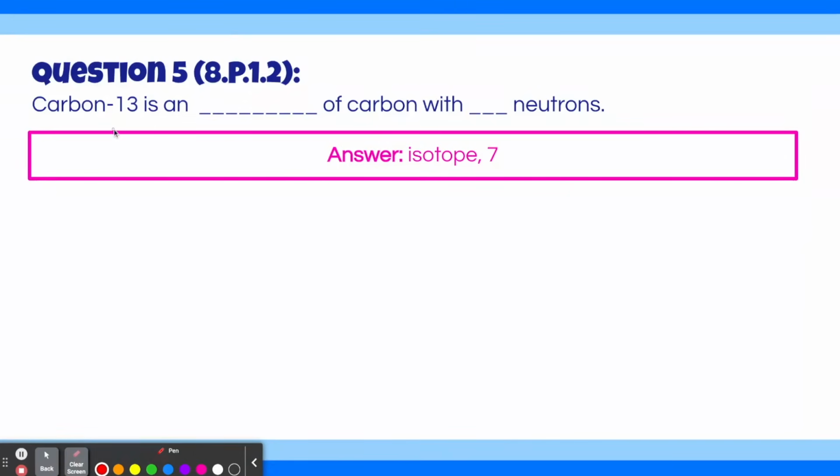So the first thing we have to do is ask, what is an isotope? Isotopes are when two atoms have the same number of protons, which, as we know from earlier questions, makes them the same element. So they're two atoms of the same element, but with different numbers of neutrons.